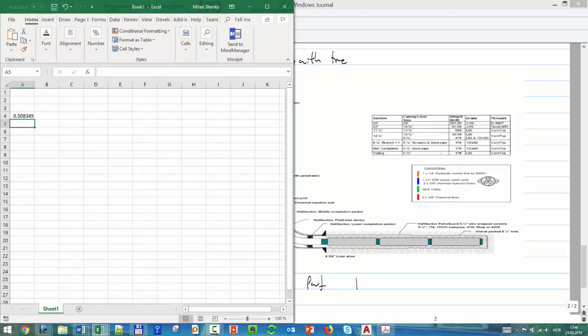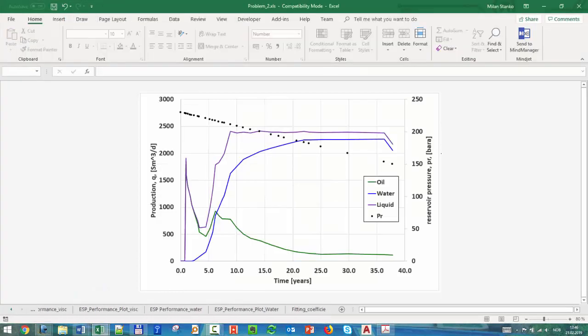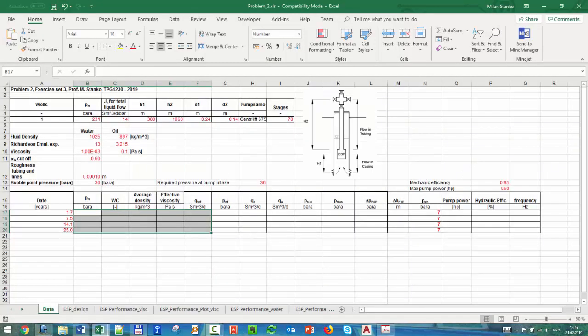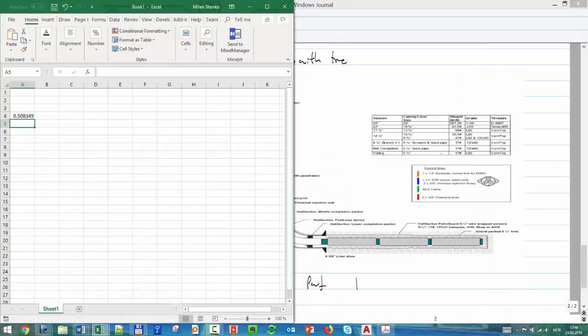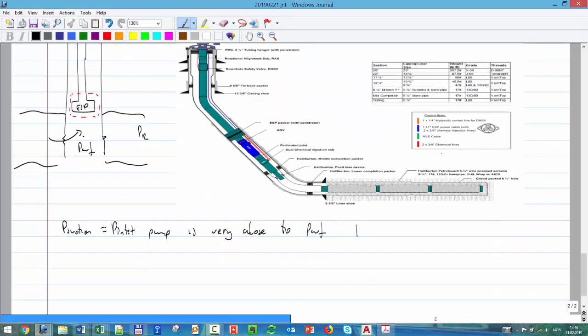I don't know if that's how we have done it here. Let me check. No, actually we have some distance, so we have to have this H1. So P suction is the P inlet to the pump.